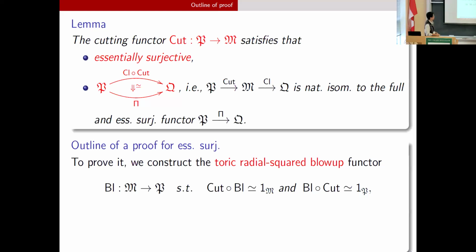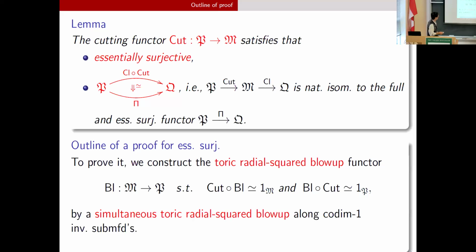We call it the toric radial squared blow-up functor, and we denote it by BL, an abbreviation of blow-up. This functor satisfies the following: BL is from M to P, and cut is from P to M. The composition is naturally isomorphic to the identity functor of M, and the converse, BL and cut, is naturally isomorphic to the identity functor of P.